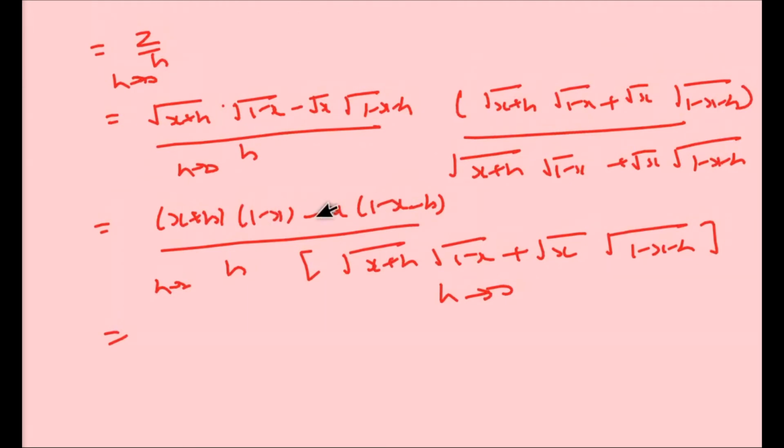Opening the brackets and solving, we get h(1 minus x) plus x h upon h.